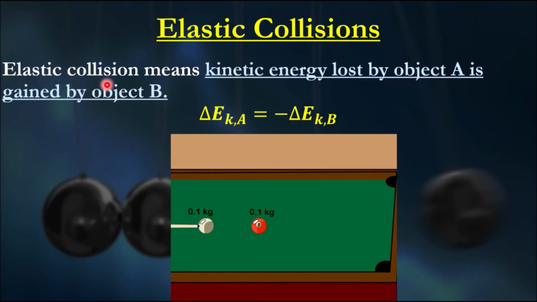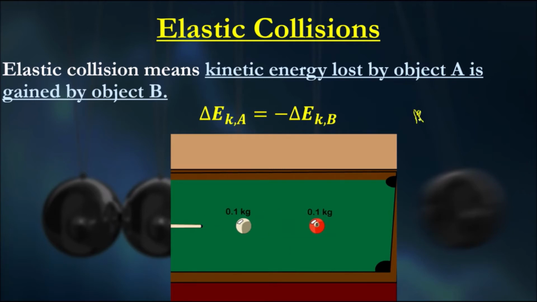In order to prove that an elastic collision has occurred, the kinetic energy is conserved. It's not a scientific law, but it is an observation. So I'll just write that down.